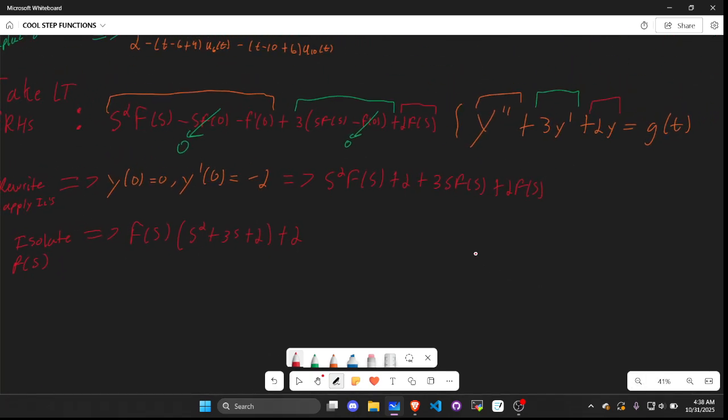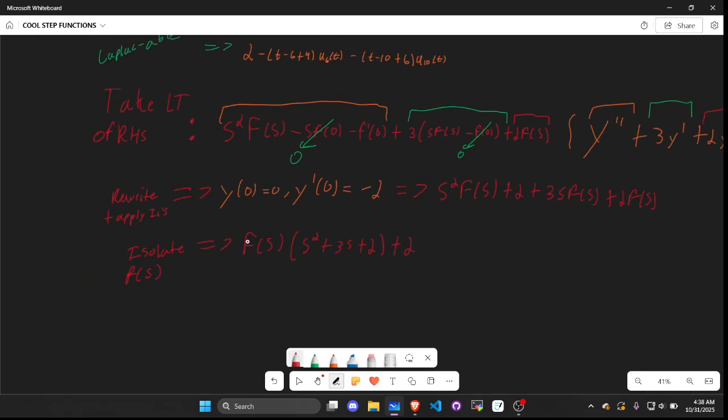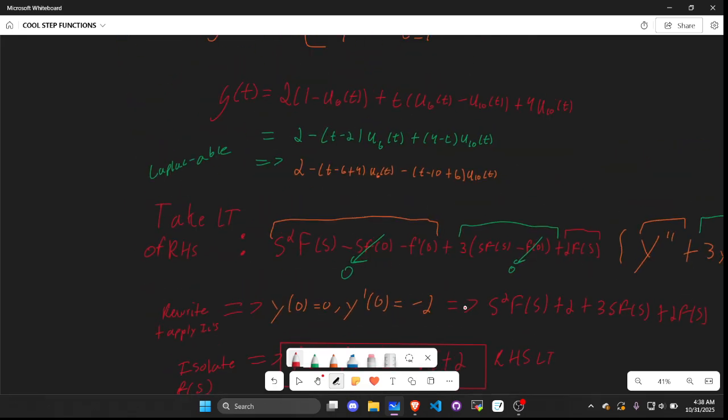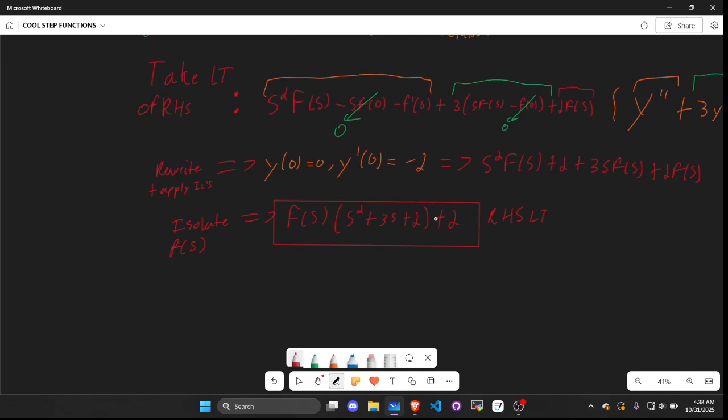So yeah, you should be able to see very clearly how this comes from here. And so this is the Laplace transform of the right side. That's an ugly shape, oh my gosh. So this is the Laplace transform of the right side.